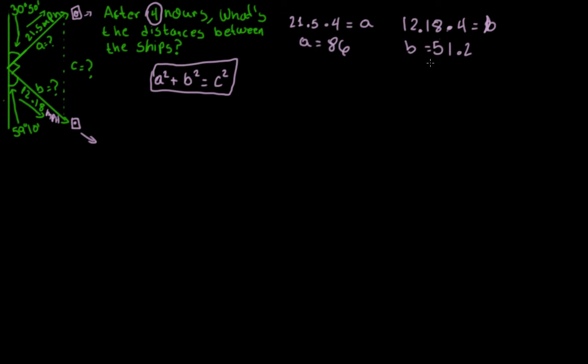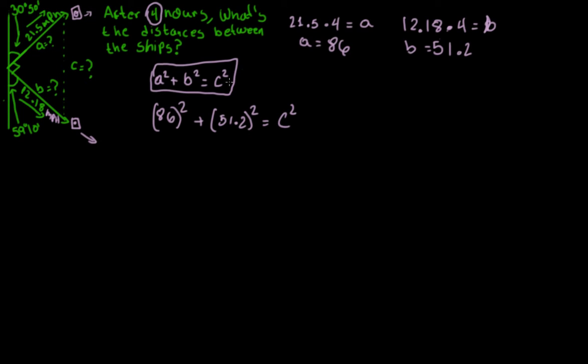Alright, so after we get these two values, we have to plug them in to get C, because this is what we want to get. A is now 86, so you need to remember that you have to put 86 squared plus 51.2 squared equal to C squared, right?